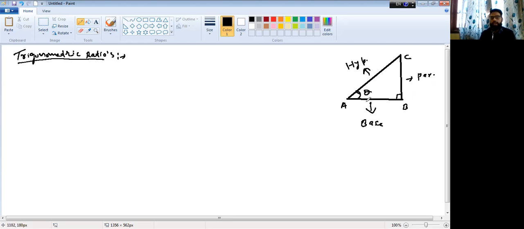So we have three sides in this right angled triangle: AB is base, BC is perpendicular, and AC is hypotenuse.